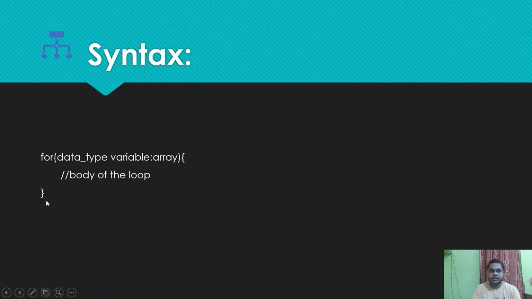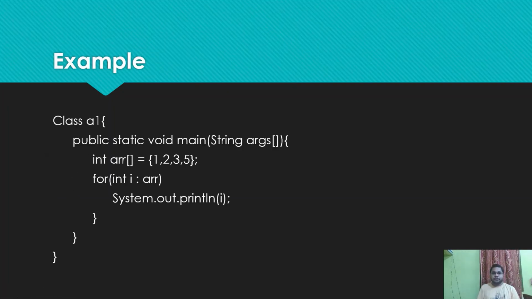Then curly braces end. That's it. If you see the example here, I take an integer array arr and store the values 1, 2, 3, 5, 4 values in it. So here is the for loop, that is for int i. i is my variable, colon arr.